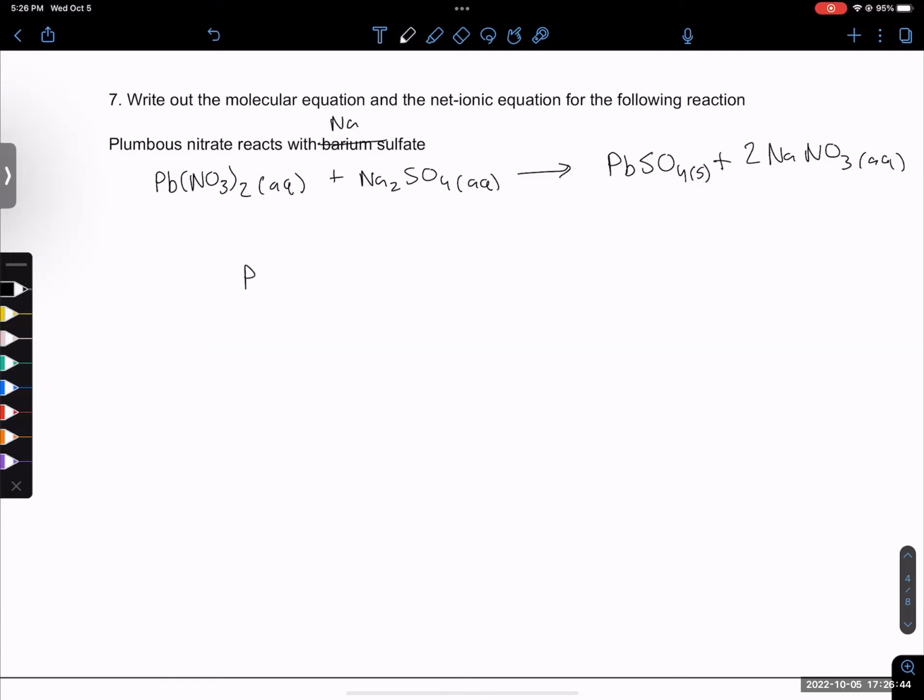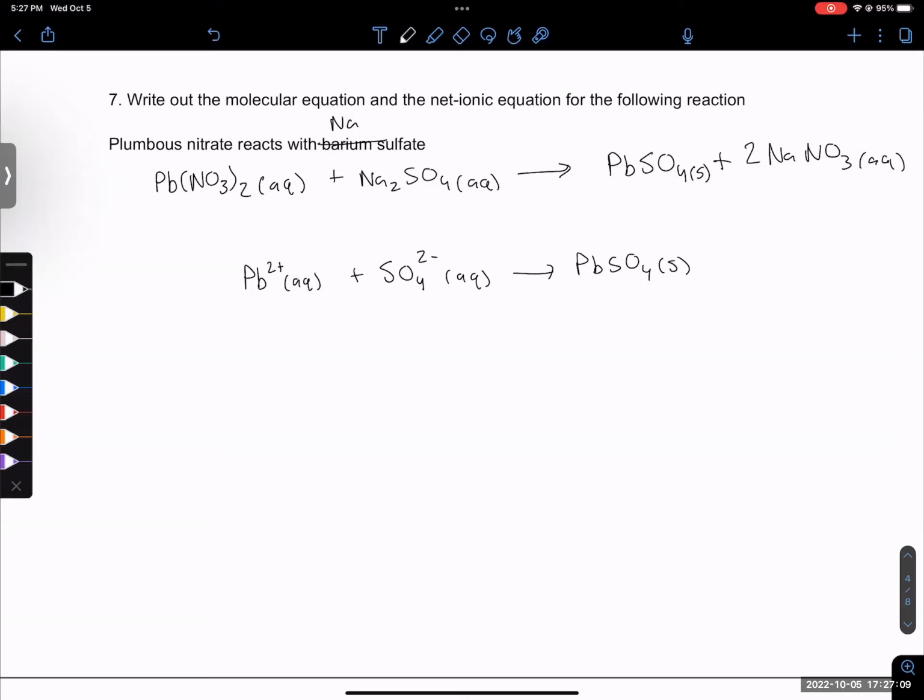So on the left it would be Pb2+ aqueous plus your SO4 2- aqueous gives us PbSO4 solid. Okay. And that's really the fastest way to get through these problems.